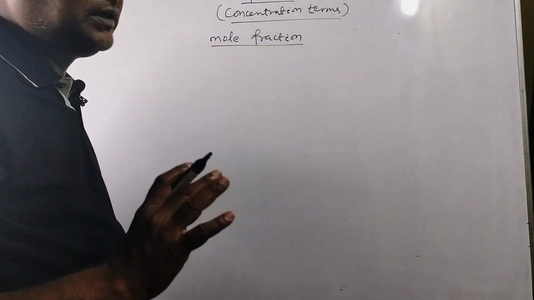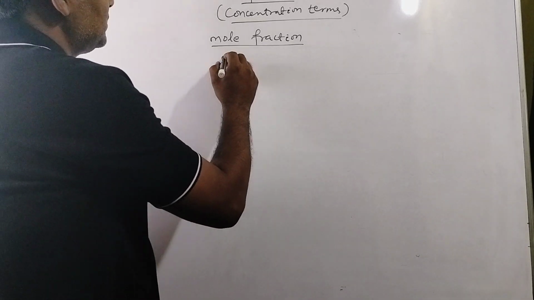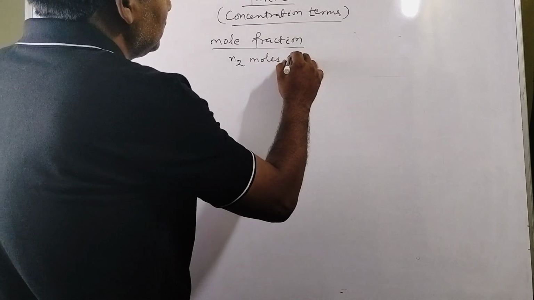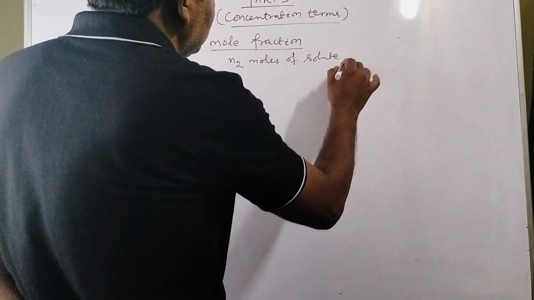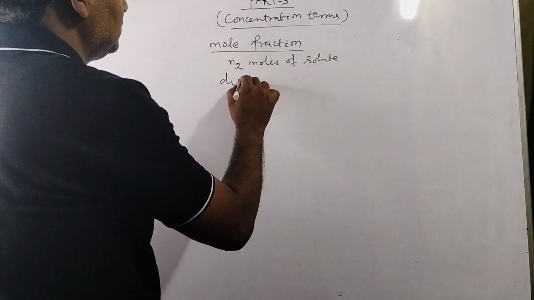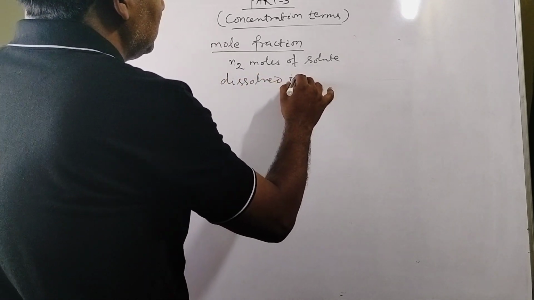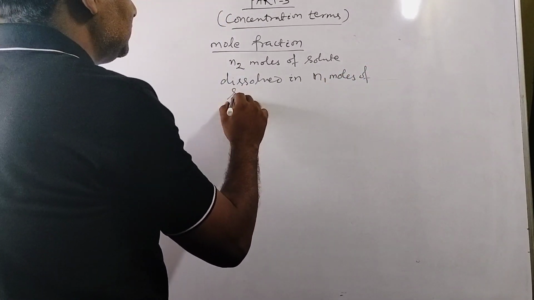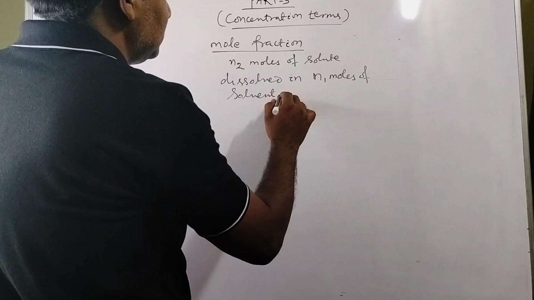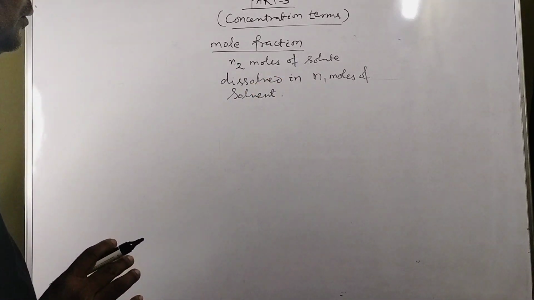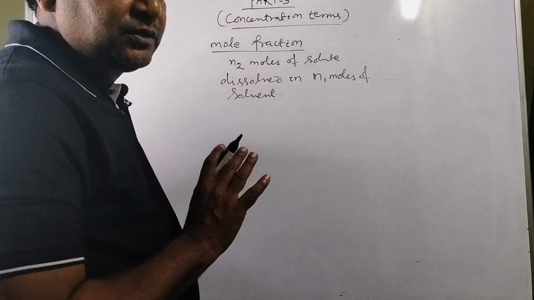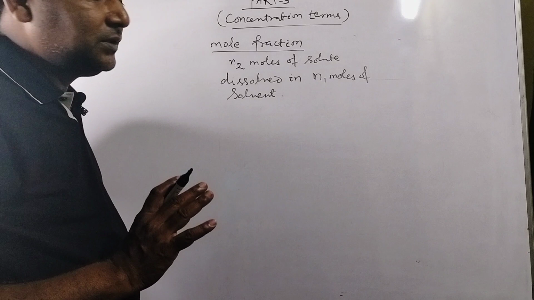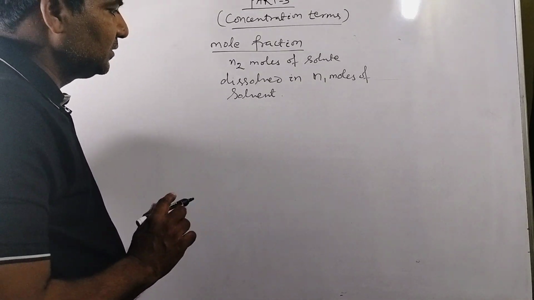Consider a solution which contains n2 moles of solute dissolved in n1 moles of solvent. So suppose we have prepared a solution which contains n2 moles of solute dissolved in n1 moles of solvent.